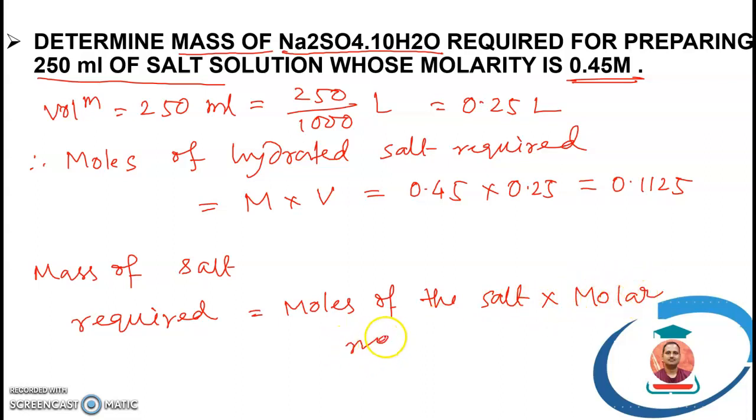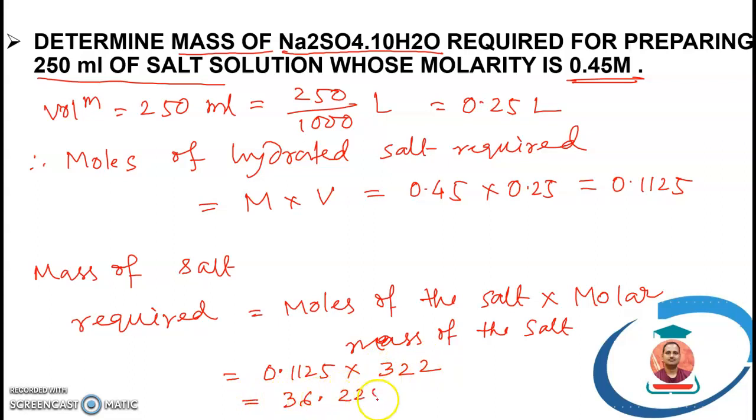The number of moles is 0.1125, and the molar mass of this hydrated salt is 322. You can calculate it, and the answer comes to 36.225 gram. So this is the answer. Next, move to the next problem.